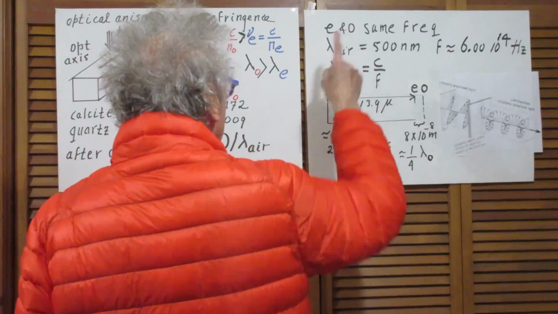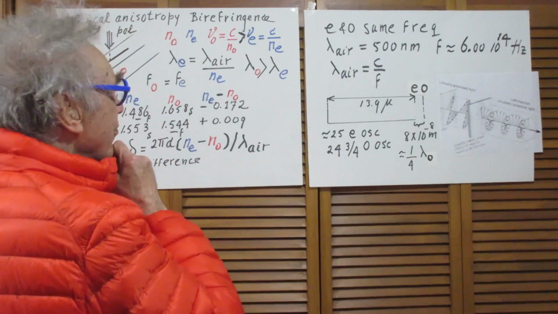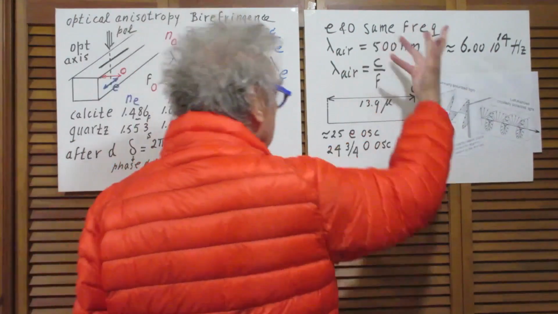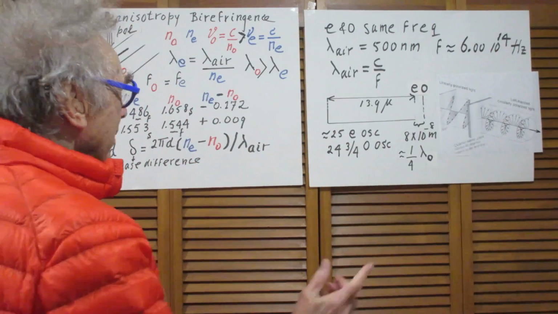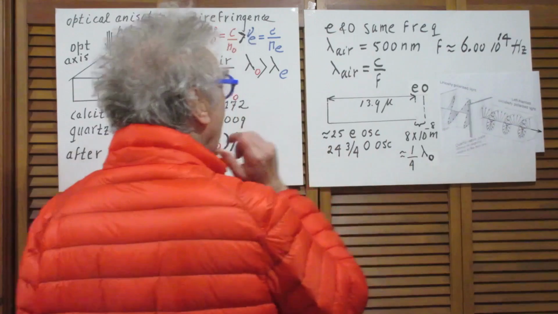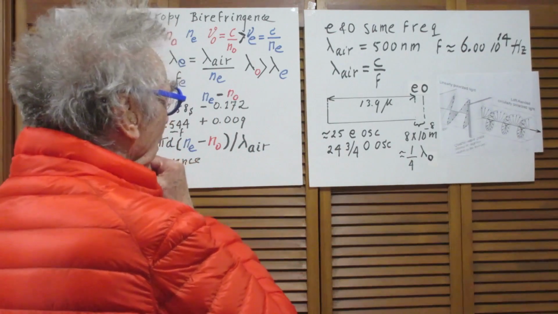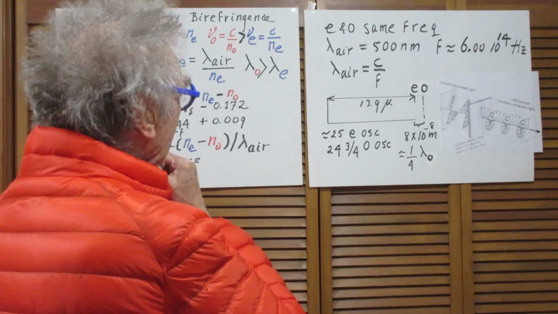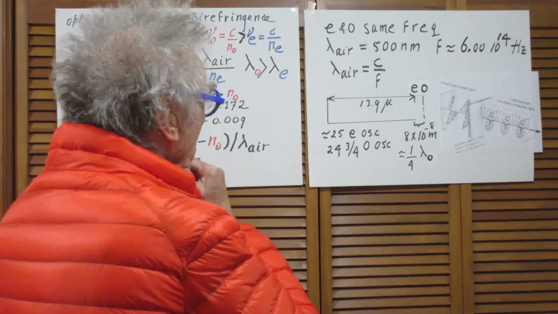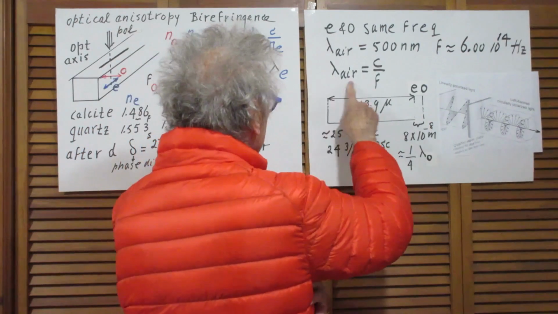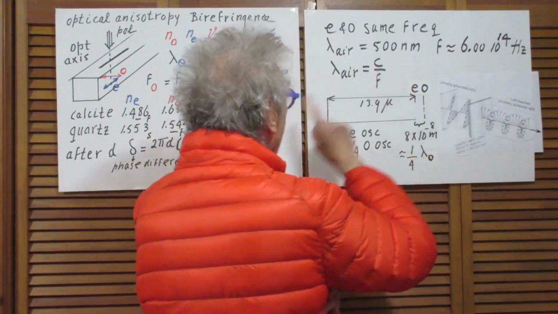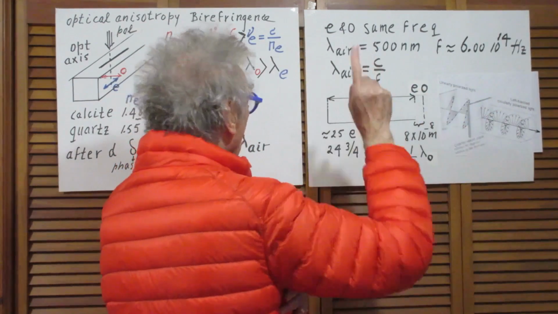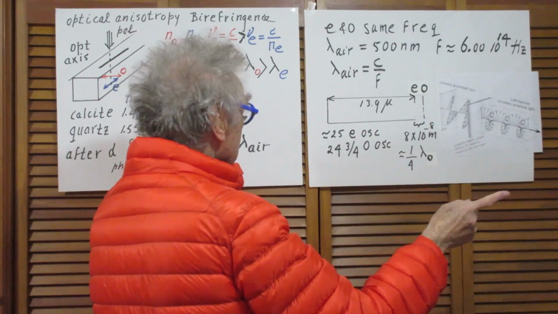The extraordinary and the ordinary wave, of course, have the same frequency. The frequency is set by the fact that we have 500 nanometers light, monochromatic light. Since the wavelength in air is the speed of light divided by the frequency, and throughout this whole experiment frequency never changes.